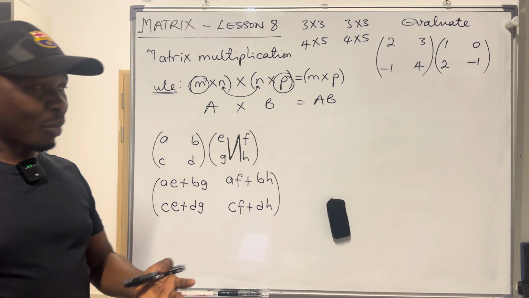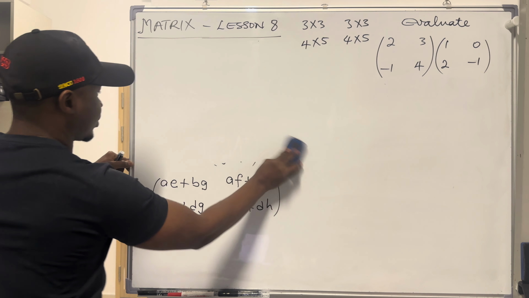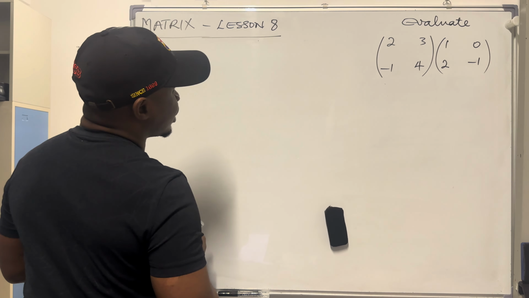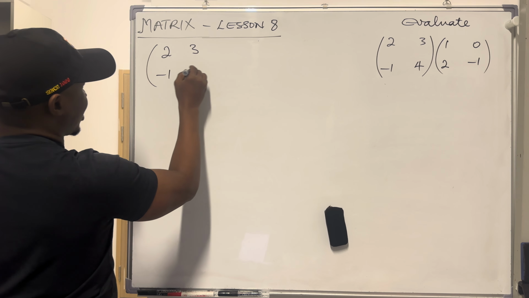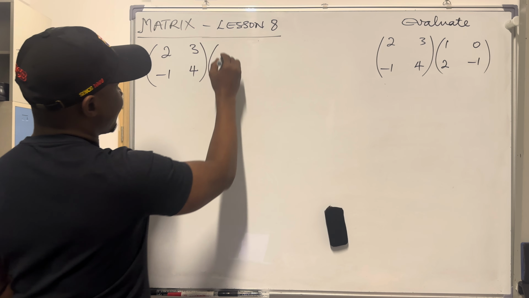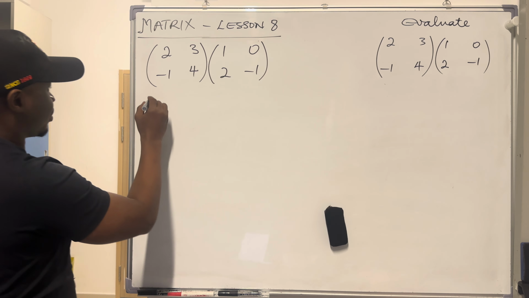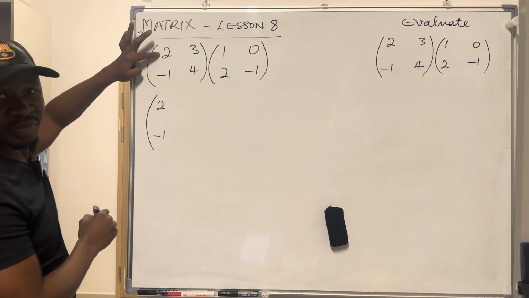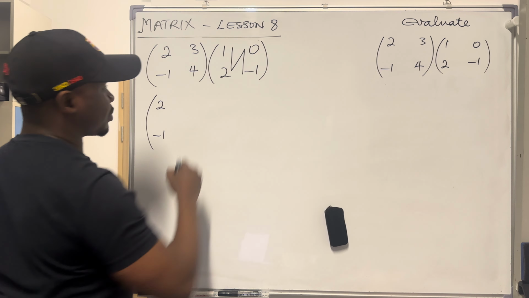So now let's go to the problem itself. So we have here 2, 3, minus 1, 4, and 1, 0, 2, minus 1. Please pay attention. So here is 2, minus 1. You see, from this to this, this to this.